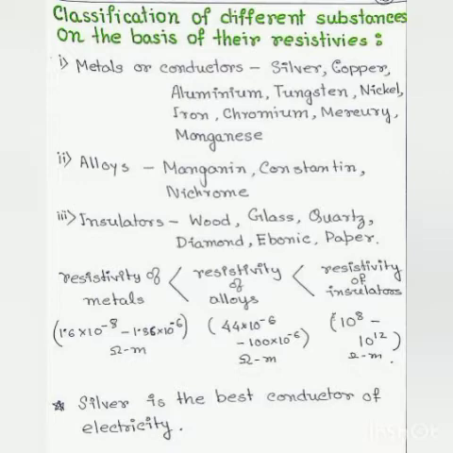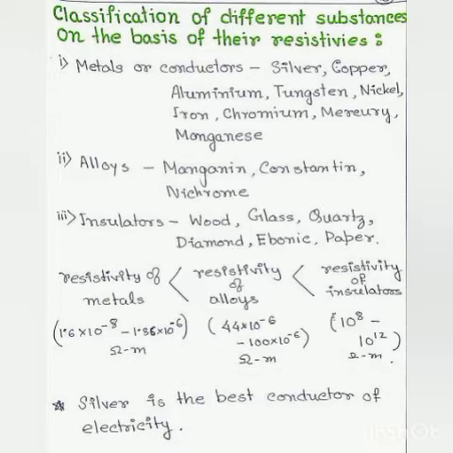And the examples of metals are silver, copper, aluminium, nickel, iron, etc. Alloys are manganese, constantan, nichrome, etc. And insulators are wood, glass, quartz, diamond, paper, etc. Now the resistivity of metals is minimum and resistivity of insulators is maximum, and alloys are in between metals and insulators.